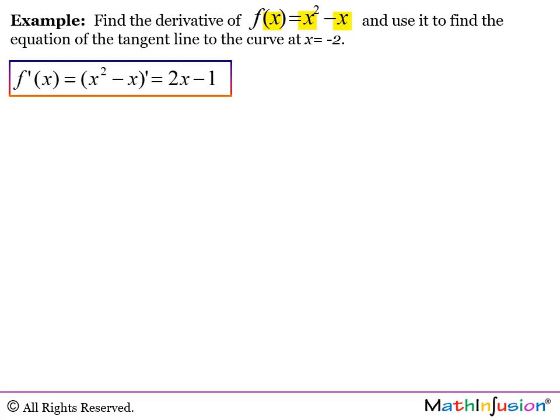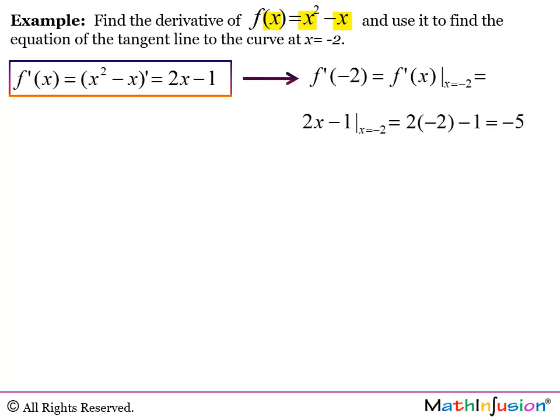Now we can continue. We would like to find the tangent line to the curve y equals f(x) at x equals negative 2. So when we have the derivative, we can find the derivative where x equals negative 2 by substituting x equals negative 2 into the derivative. So we take 2x minus 1 and we substitute negative 2 and we get negative 5.